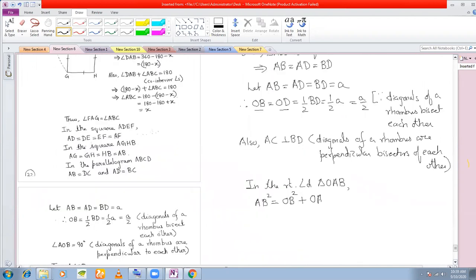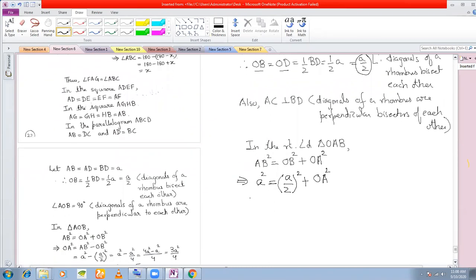OA. And how much is AB? AB we have taken as A. So we put the value here, A. And OB is A by 2. We put A by 2 here. Plus OA square. We need to find OA. So how much is OA?